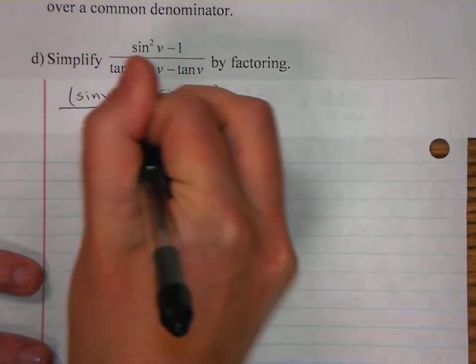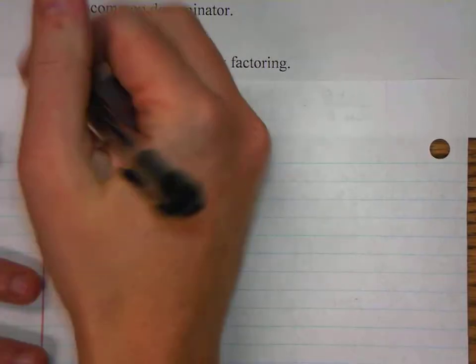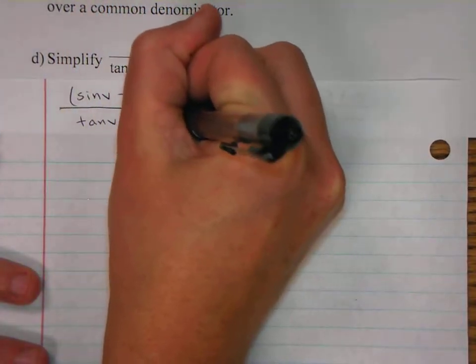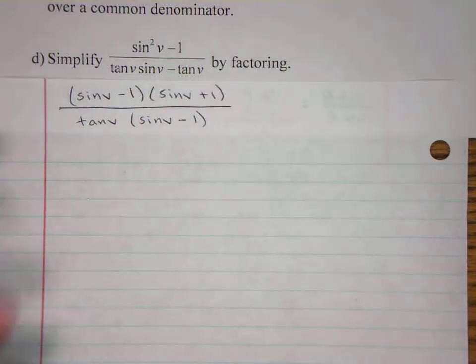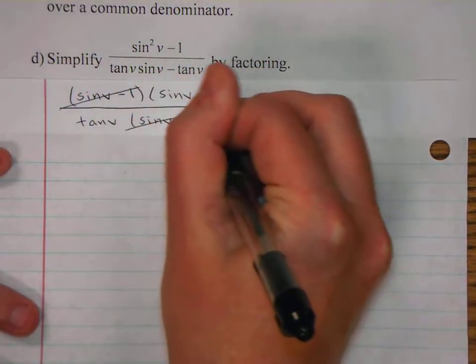And then in your denominator, hopefully you see that both terms have a tangent, so I can factor that out. And now you see a factor of sine v minus 1 in the numerator and denominator, so I'm able to simplify by that.